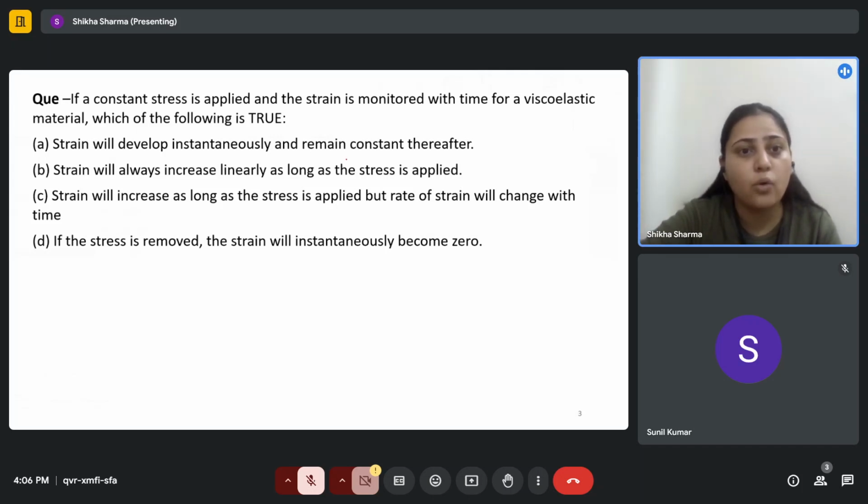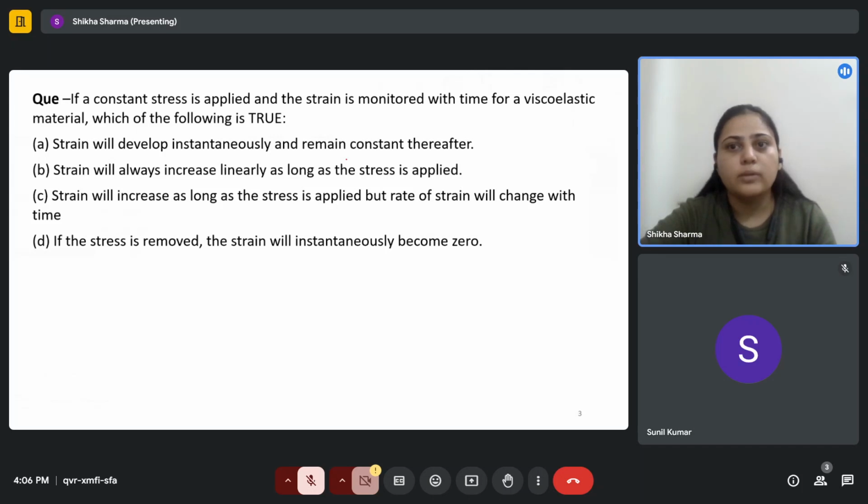B. Strain will always increase linearly as long as the stress is applied. C. Strain will increase as long as the stress is applied, but the rate of strain will change with time. And D is, if the stress is removed, the strain will instantaneously become zero.